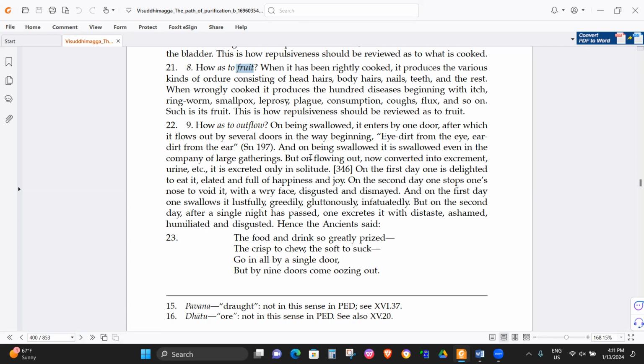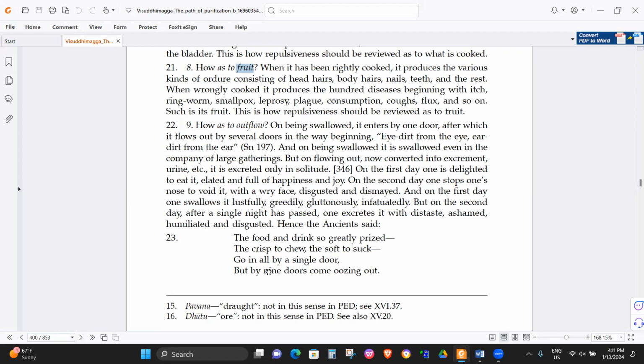But on the second day, after a single night has passed, one excretes it with distaste, ashamed, humiliated, and disgusted. Hence, the ancients said, the food and drink so greatly prized, the crisps to chew, the soft to suck, go in all by a single door, but by 9 doors come oozing out.